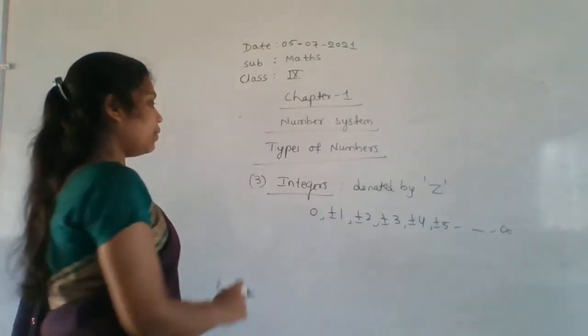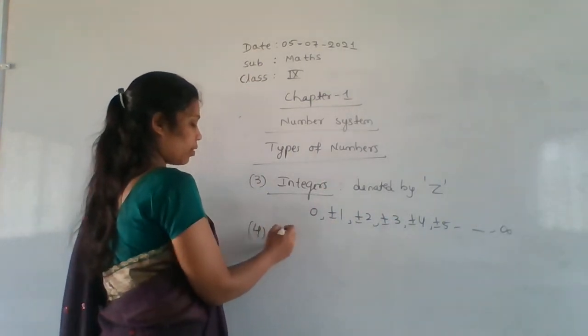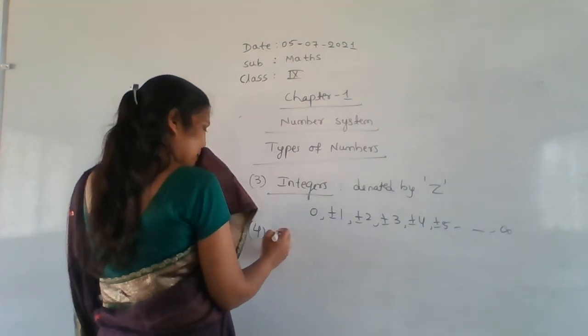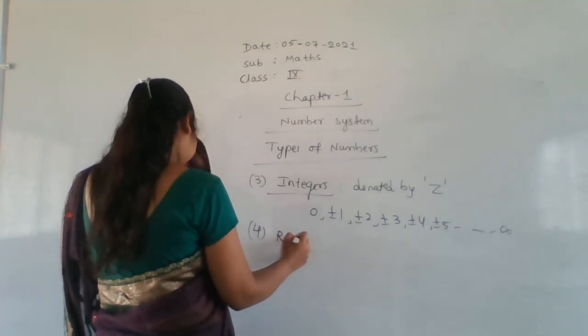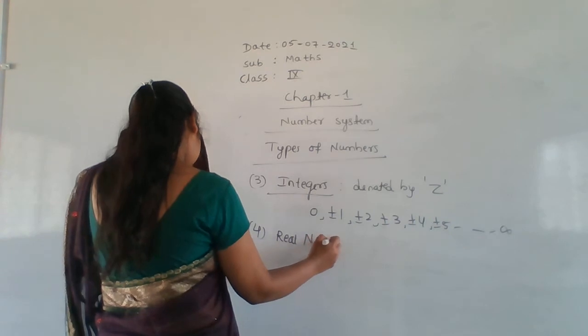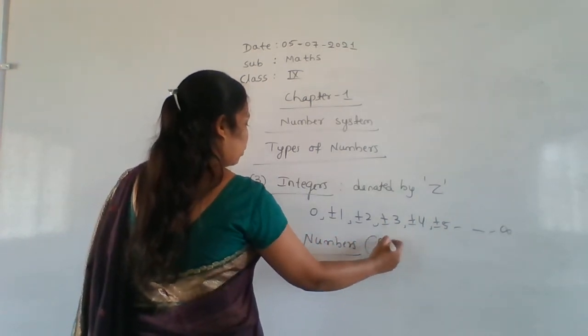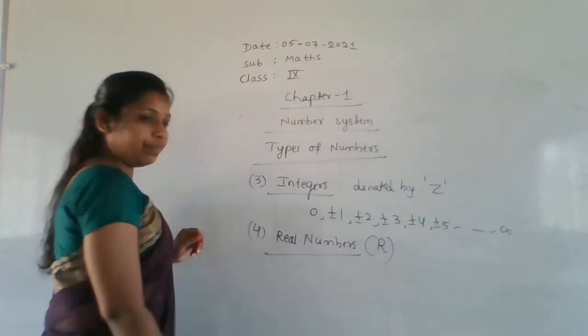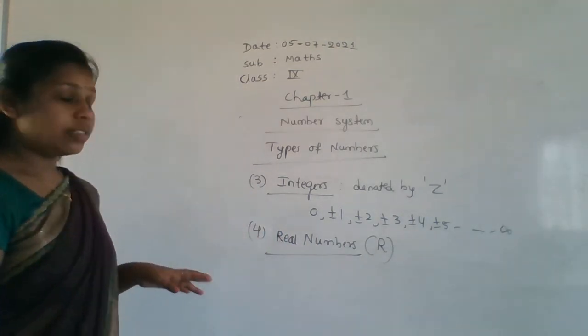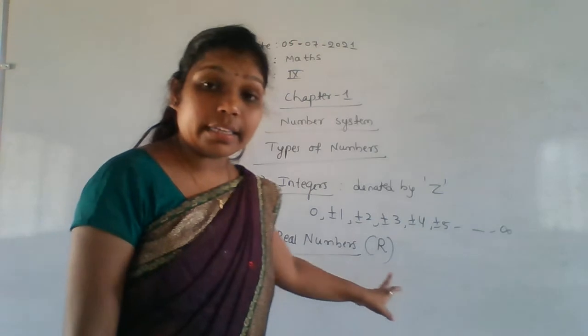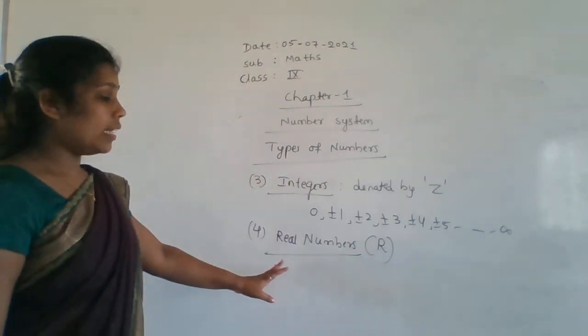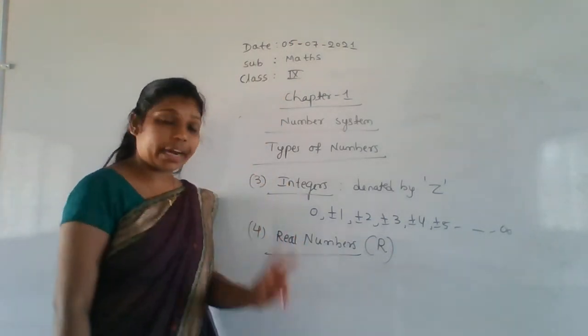Okay. Next one we are having is the real numbers. Real numbers are denoted by the capital R. Again in this we have two categories.